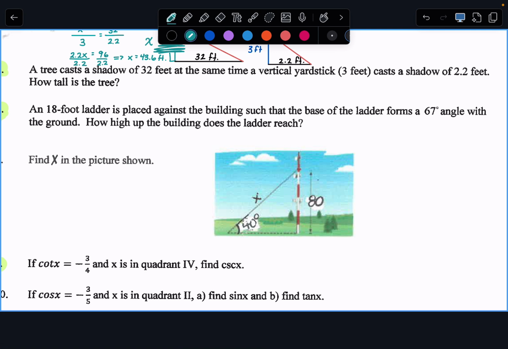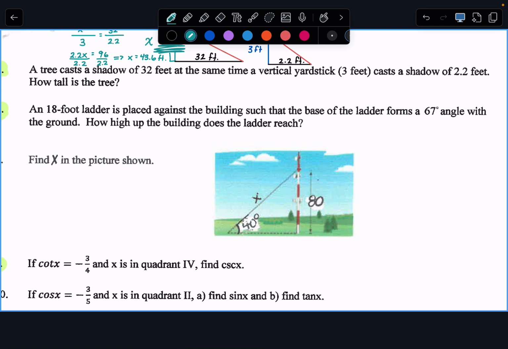You just have to fill in the numbers on the picture. It looks like this, a literal blank picture. It would say, an 18-foot ladder is placed against the building.